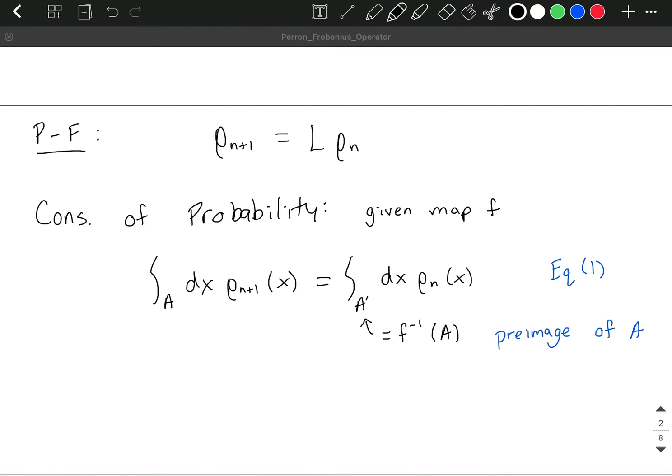Later we will extend the final result to higher dimensions. And the goal here is we're trying to find a more explicit expression for the Perron-Frobenius operator, because this equation here at the top gives us a definition, but it doesn't give us a very explicit expression for the operator. And so that's what we're going after now.